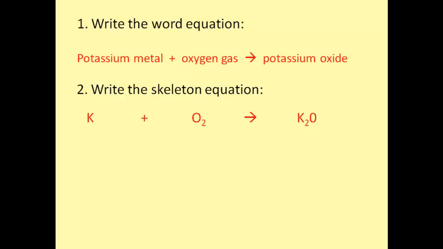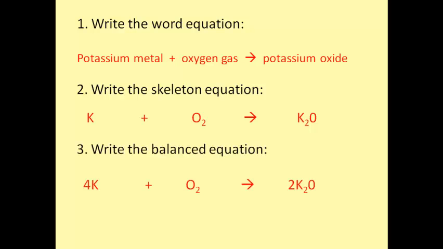We need to balance the equation and show exactly how many potassium atoms combine with exactly how many oxygen molecules to produce exactly how many potassium oxide molecules. So we write the balanced equation, and this equation is balanced because it shows the correct number of each type of atom on the reactant side and the product side.